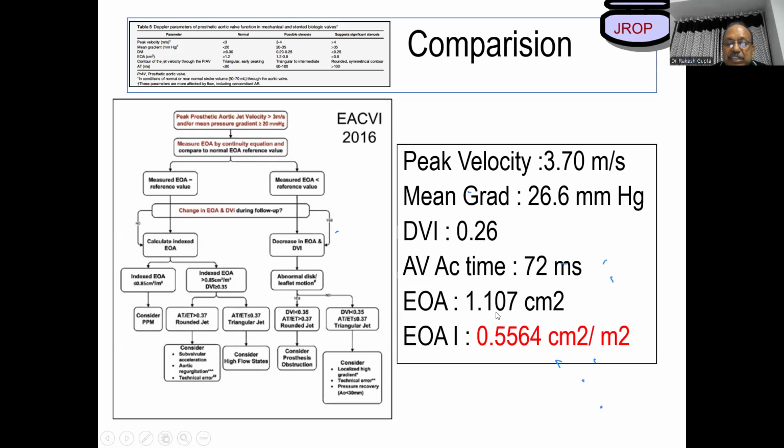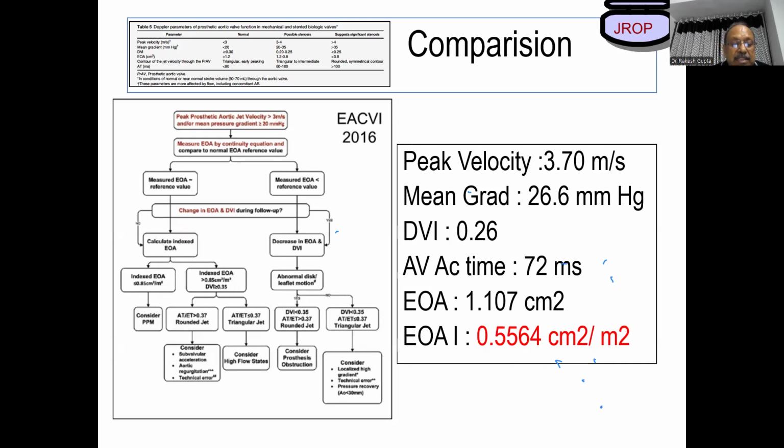My effective orifice area is only 1.1, and the indexed aortic valve effective orifice area is only 0.6. When we use the index orifice area cutoff of 0.85, it is considered patient-prosthesis mismatch. So that's how we look at these patients for stenotic level.